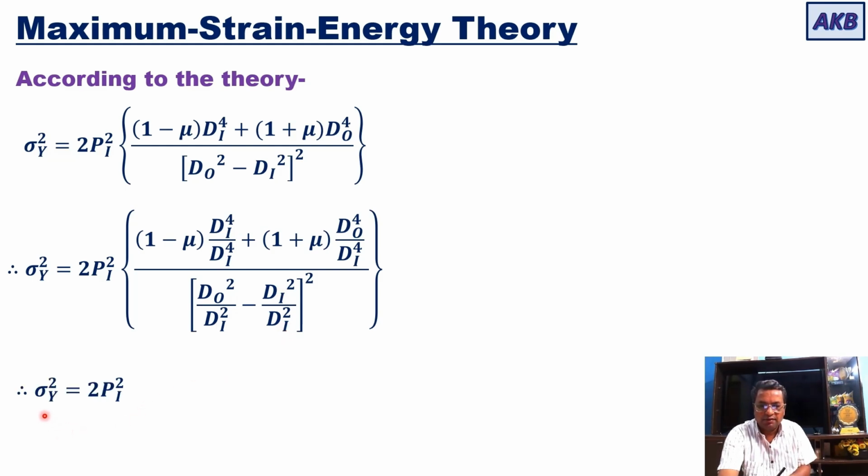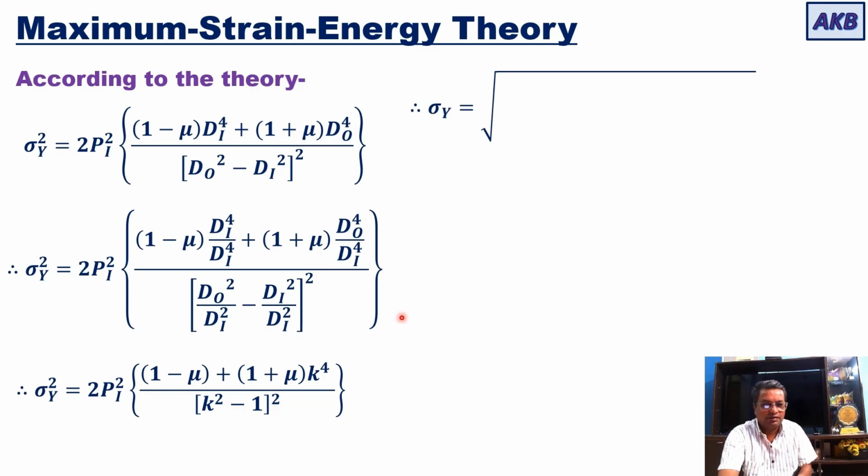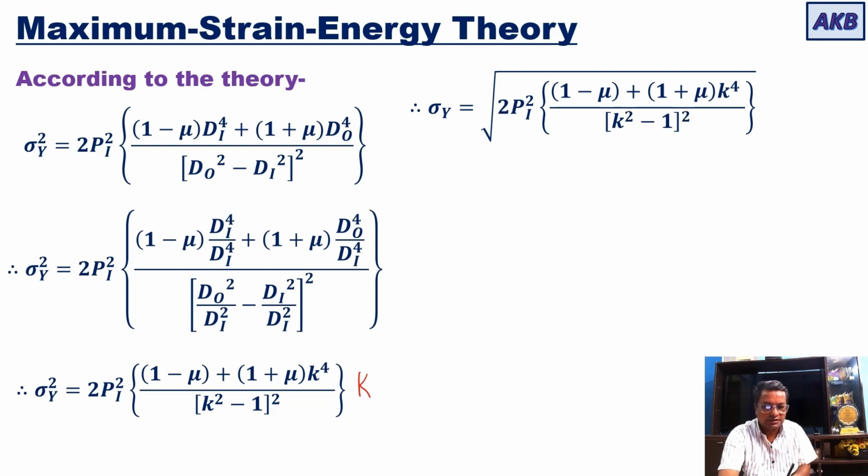So the equation for sigma y square will be 2 into pi square into 1 minus mu plus 1 plus mu k raised to 4 divided by k square minus 1 square of that, where k is the ratio of outer diameter to inner diameter. K is do upon di.